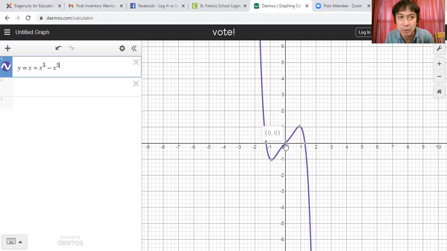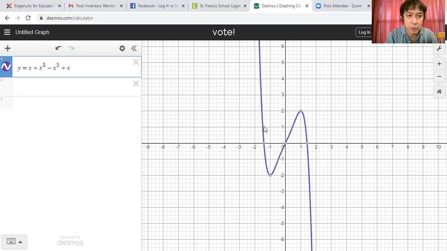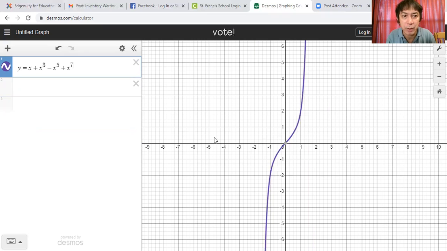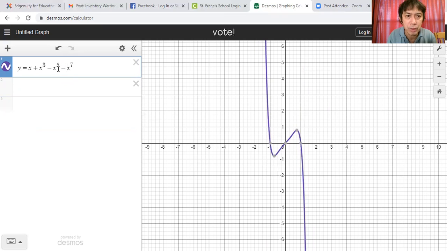This is how to analyze odd function graphs. Consider this point here. The other point corresponding to this is in the second quadrant, over here. So this is how to check odd functions. If you put on more x variables, just make sure it's an odd number as the exponent, regardless of the sign, whether it's minus or plus.